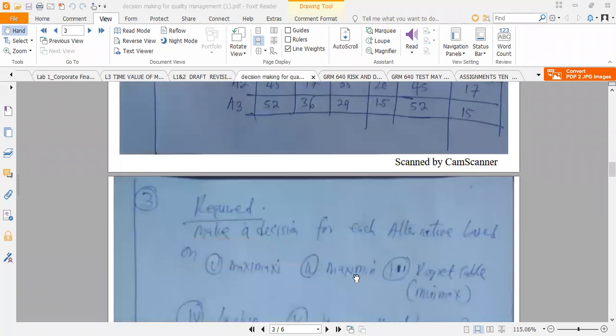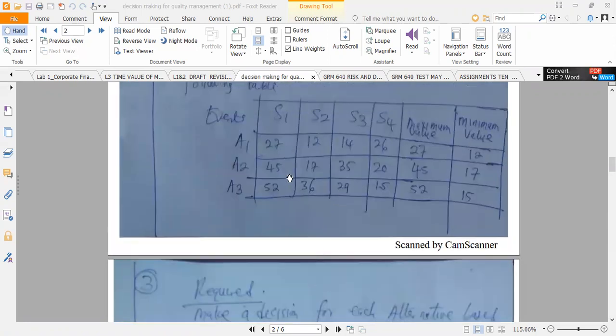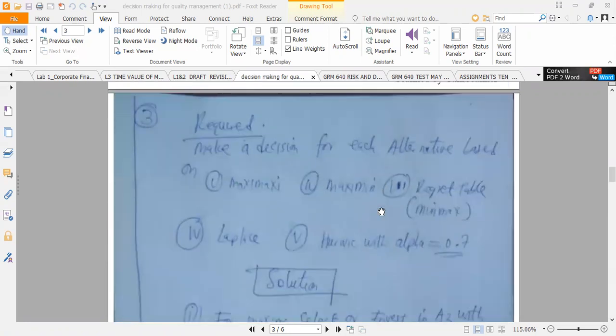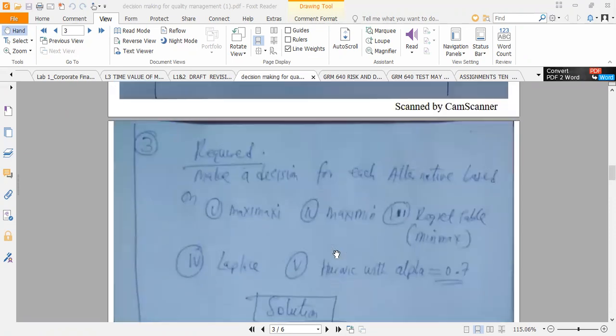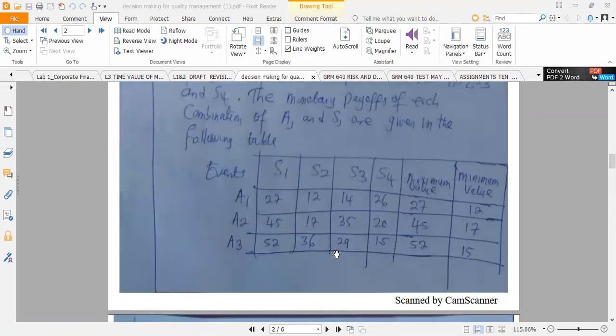So we are now required to make a decision for each alternative using a maximax and minimax. Now let me start with these two because they're the easiest. What did we say was a maximax? We are told that we need to identify amongst these values on the maximum values, which one is the highest?